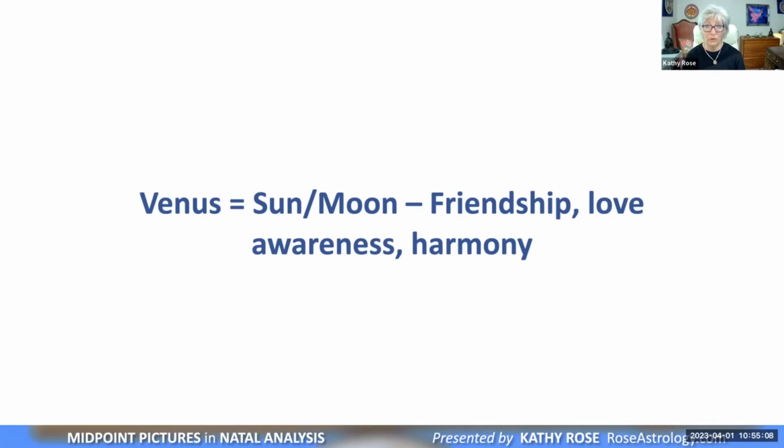It depends on the whole chart, obviously. It always depends on the whole chart. You can also get Venus equals sun moon flowing into artistic energy, maybe singing, maybe acting, maybe art itself, graphic art or whatever, the awareness of beauty. And sometimes bodybuilders will have this, wanting to make the body beautiful.